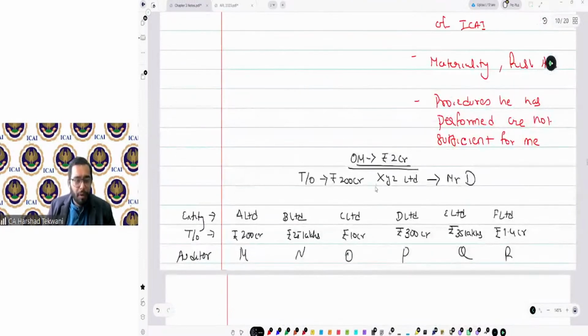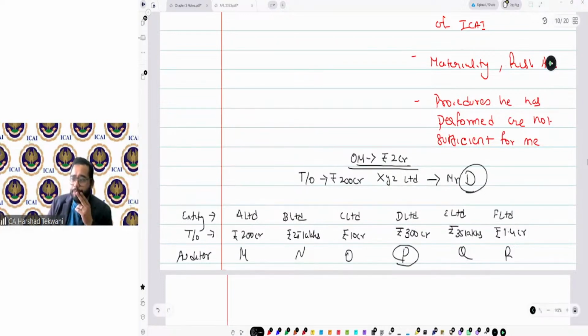For example, when I say XYZ Limited, Mr. D is auditing 200 CR, but Mr. P is auditing 300 CR turnover. Can I say P will be principal auditor, not D, because P is auditing more?